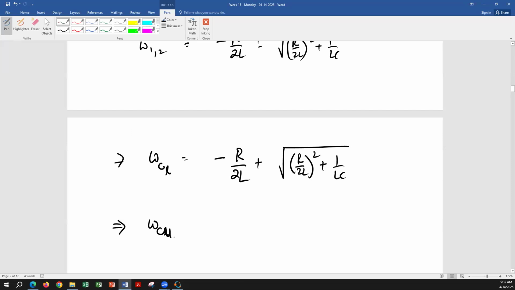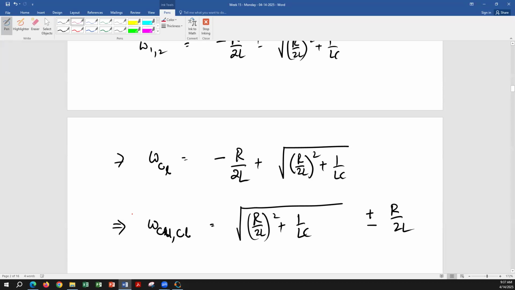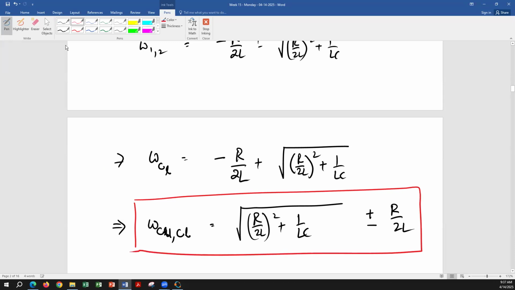Upper cutoff lower is simply R over 2L square plus 1 over LC plus minus R over 2L. So these are the equations to calculate the lower and upper cutoff frequency.